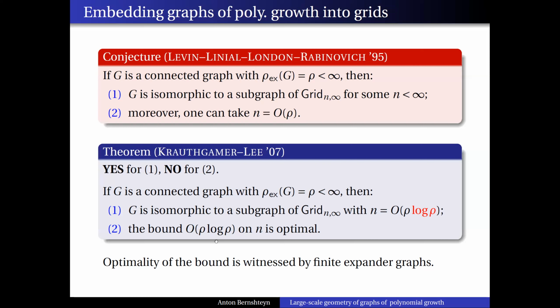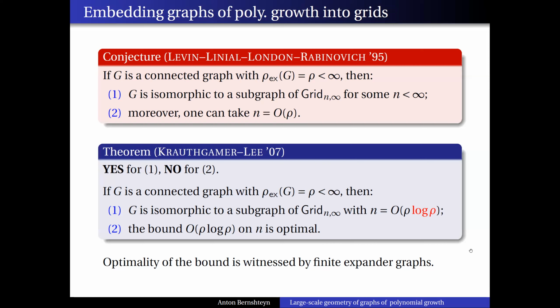In some sense, the reason why we get this rho log rho is witnessed by these finite graphs that are expander graphs. On local scales, they don't look like graphs of polynomial growth. They grow exponentially locally, but they're finite in the end. So there is some polynomial you can use to bound their growth function, and this is how you get this rho for them, and then you argue that the dimension of the grid has to be higher.